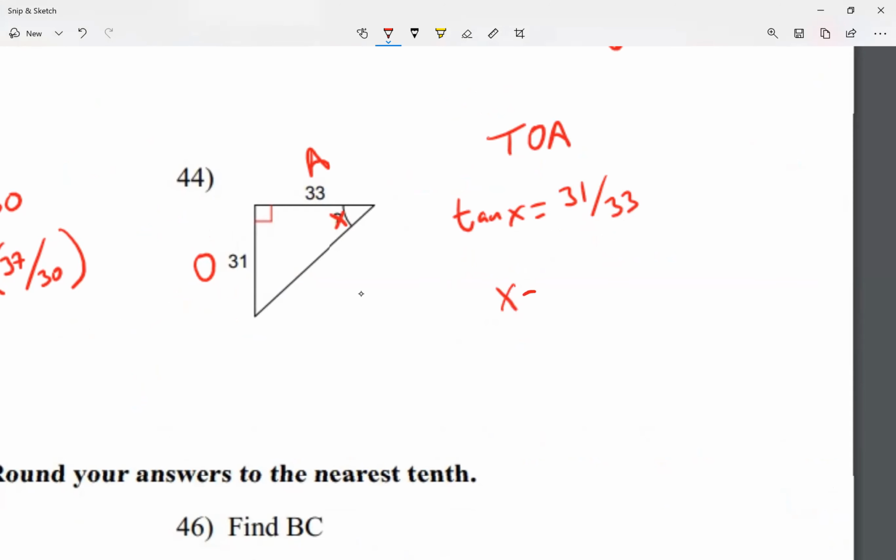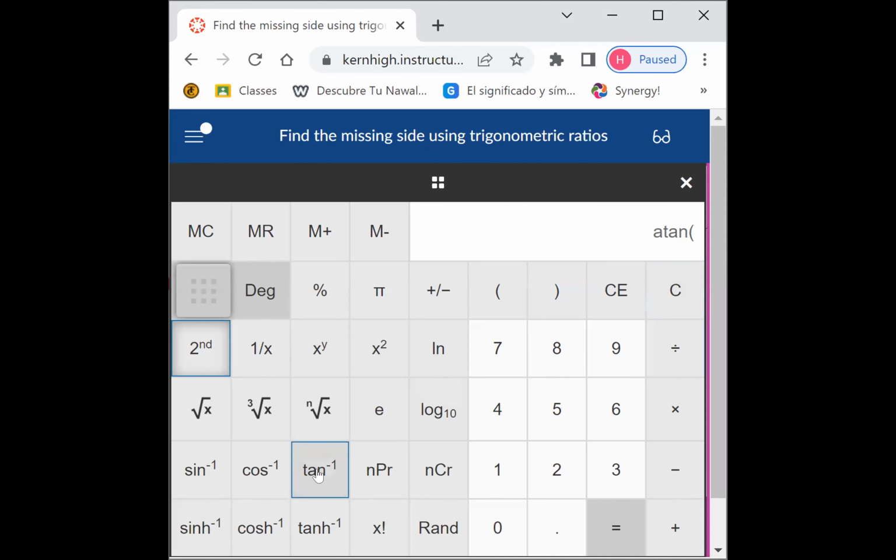So X is equal to tangent inverse of 31 over 33. Grab my calculator here. Tangent inverse 31 over 33 says 43.2.